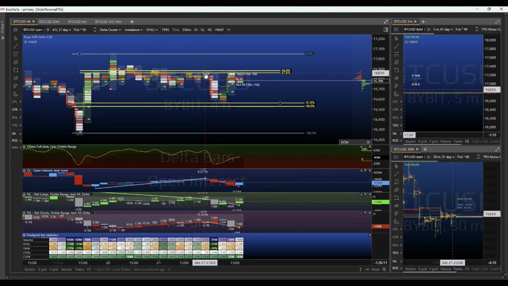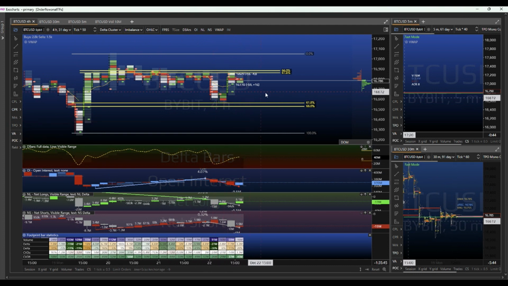It came up next to this high, but on CVD, it's way down here. So what I'm thinking is it might come back down to test the low or retrace of some sort, but create a bullish divergence on the 4-hour time frame. Just create that bullish divergence. I don't know, we'll see.